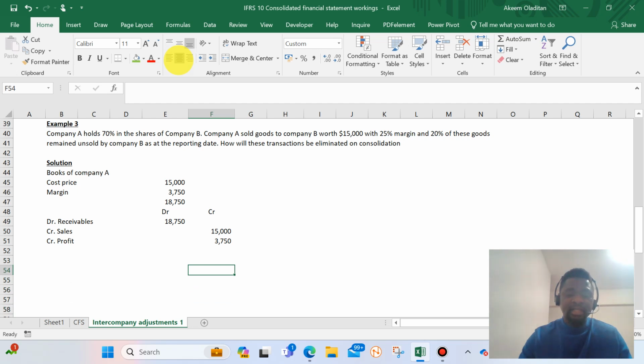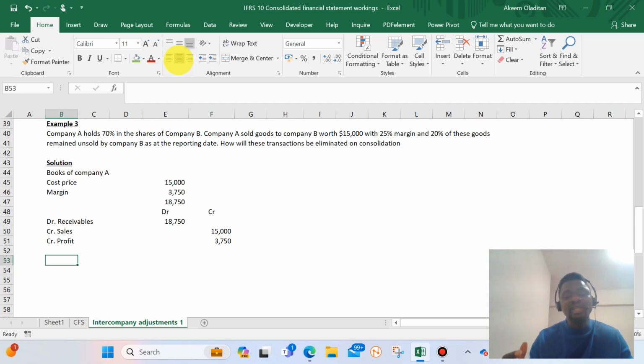And also don't forget, let me tell you one funny thing. When Company A bought the item, it was bought at 15,000. It means that there's also a movement in the inventory. So the inventory that Company A has will have reduced by a certain amount, which is the 15,000.